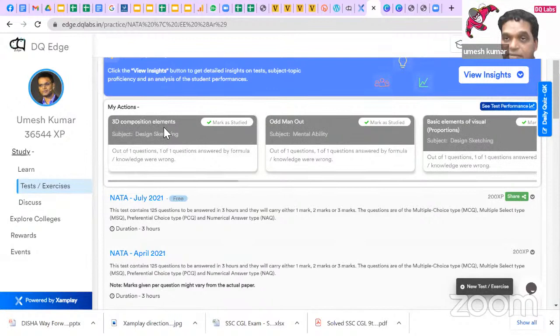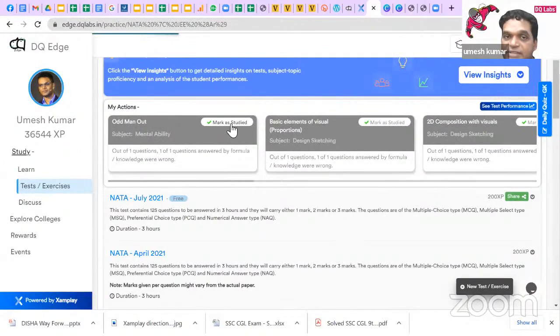3D composition elements. Now, where do you get this study material? You get all this study material in the learn section of DQH. Once you have studied it, you can click and mark as read. Your objective has to be ensuring that the my actions are completely empty.